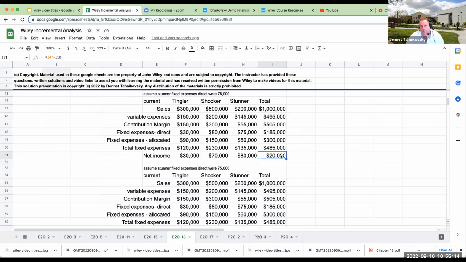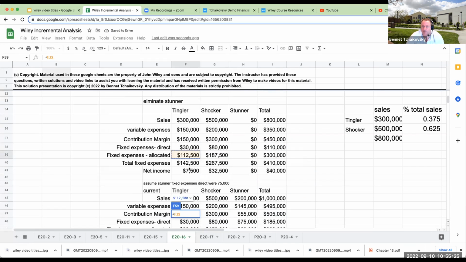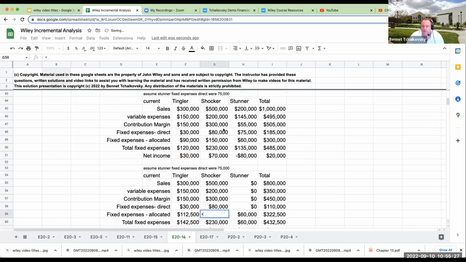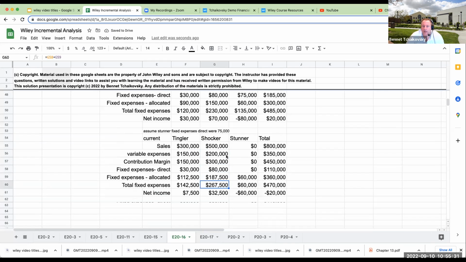Well, right now we're at a net income of 20, but if we come over here and get rid of the direct fixed expenses, and then we do our new allocation just to the new departments, all of a sudden, I'm now being more profitable.